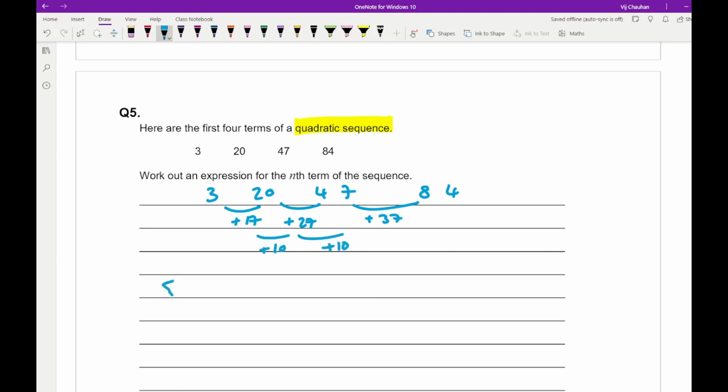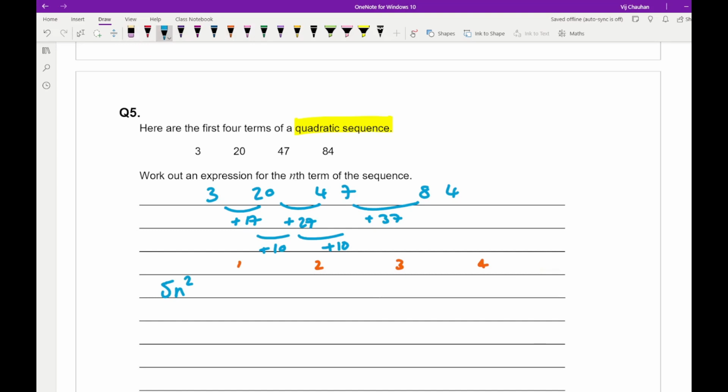So that means that 5n squared is going to be in the formula. Now if I work out what 5n squared is, so if I just write what n is, 1, 2, 3, 4, and work out what 5n squared is.